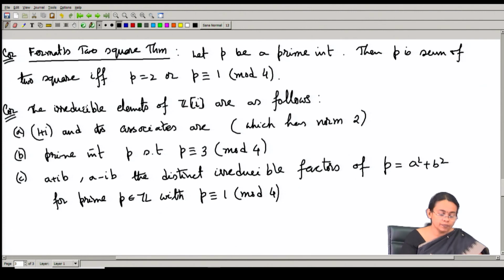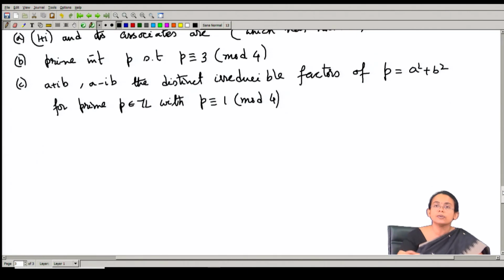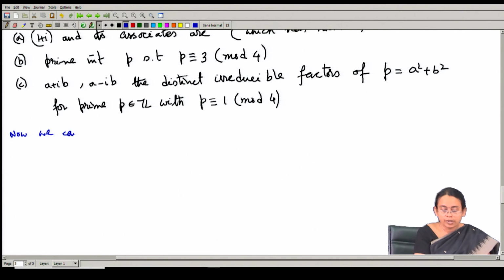Now, with the help of this characterization, we will be able to describe the factorization of an element in Z[i] as well. How do you write down the factorization of an element in Z[i]?